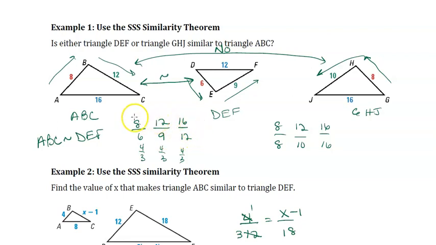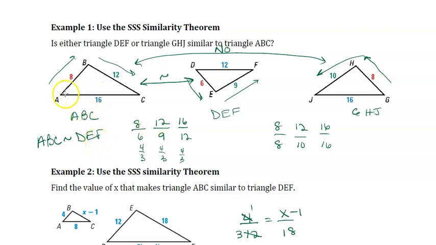Can these reduce to the same scale factor? When I reduced them, I divided the top by 2 and the bottom by 2 and got 4/3. I divided the top 12 by 3 and the bottom by 3 and got 4/3. I divided the top 16 by 4 and the bottom 12 by 4 and got 4/3.